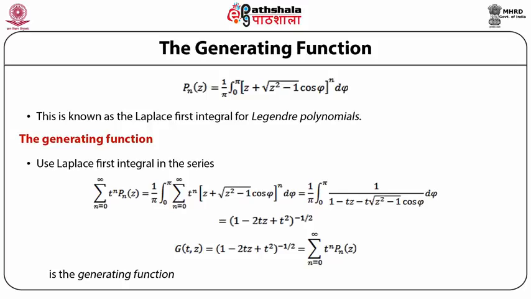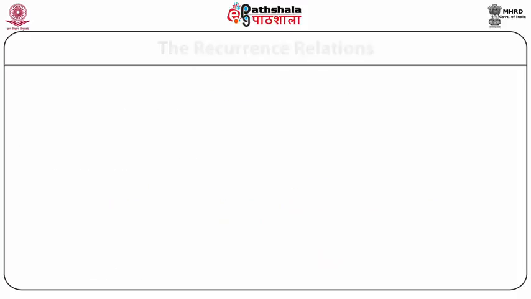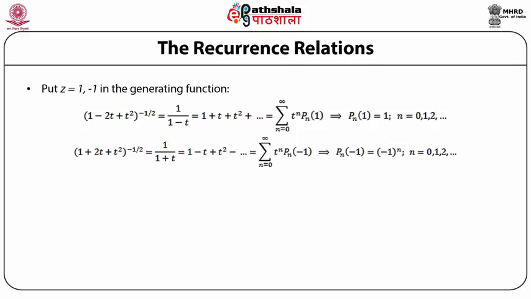It can be written in the series form as summation over n going from 0 to infinity t raised to power n Pn of z. If we put z is equal to 1 in the generating function, we get 1 minus 2t plus t square raised to power minus 1 by 2 is equal to 1 divided by 1 minus t, which in turn can be written as 1 plus t plus t square plus and so on.